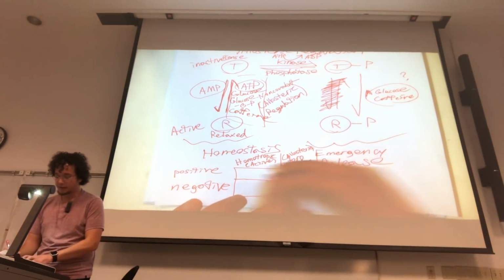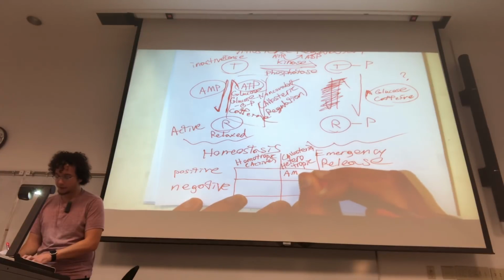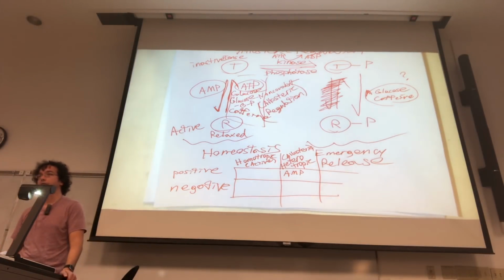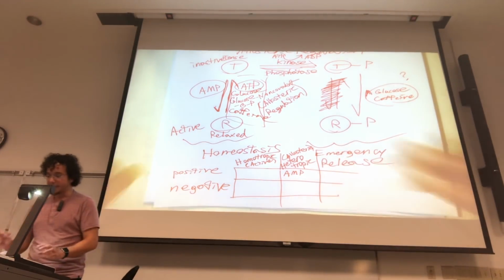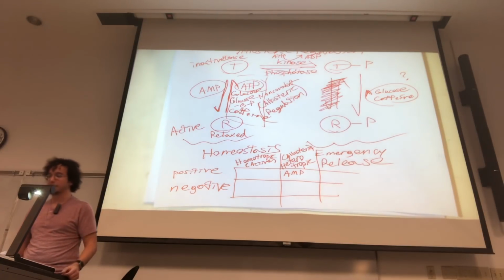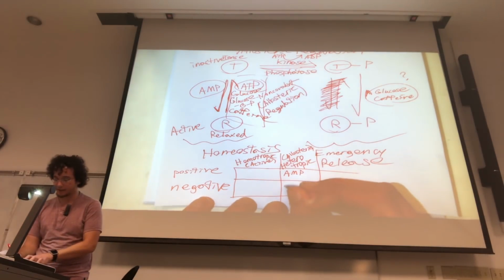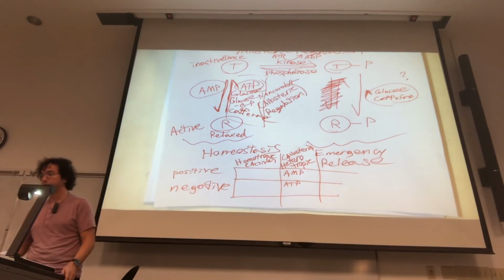So AMP is a positive heterotropic effector molecule, so it's going to go in this box right here. Again, it's activating the enzyme and it goes to the allosteric site, so it goes there. ATP is deactivating the enzyme and it goes to the allosteric site, so ATP is going to go right here.